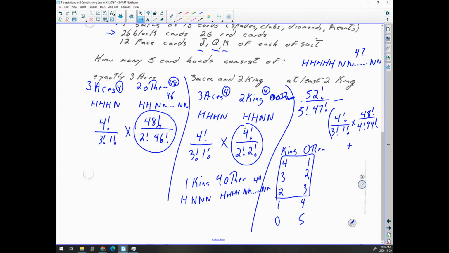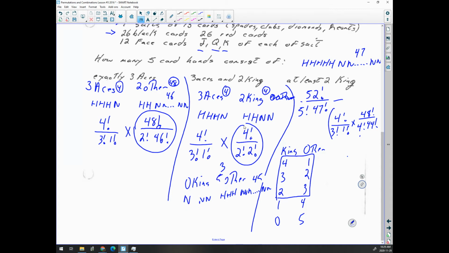plus, if I now have 2 kings, and that means we have 3 others. Now we have 45 not in the hand for the others. Sorry, I'm going backwards. So we did 1 king, now I need 0. That was the problem. Okay, sorry about that.